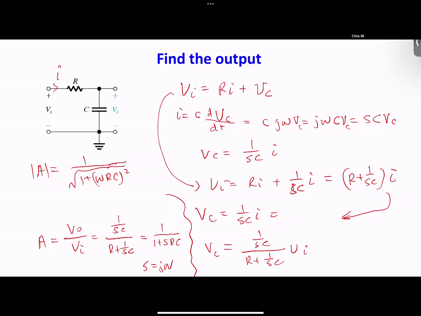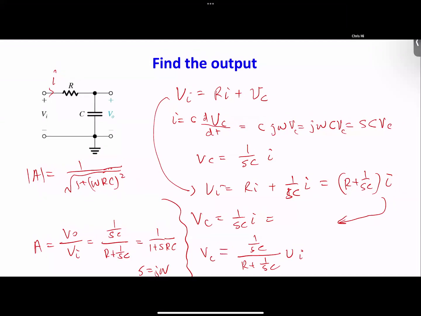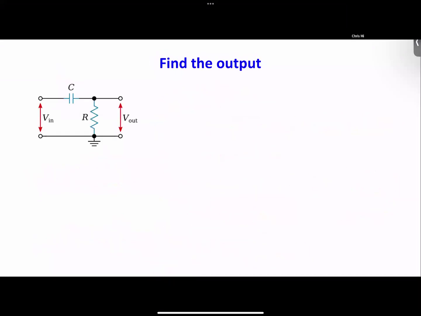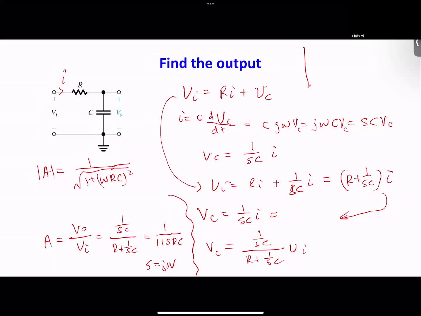So if you look at it, we can draw the output, or we can draw the gain, which is the same thing. We can draw A, or we can draw V. Basically, it's like this. What it means is that below a certain frequency, your gain is almost 1. At some point, it starts to decrease quite quickly.